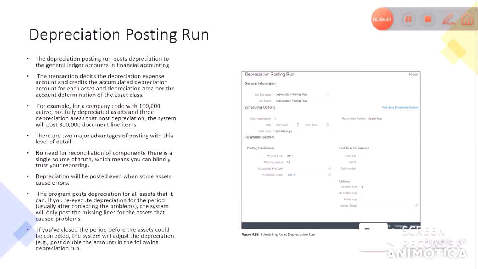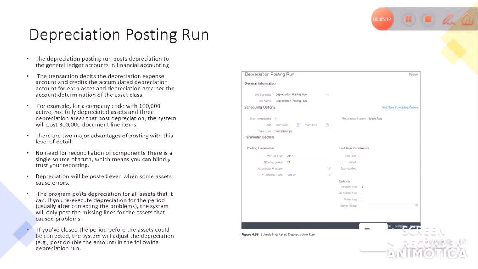For example, if a company had 1 lakh assets that are not fully depreciated and 3 depreciation areas that post depreciation, it will create 3 lakh document line items.